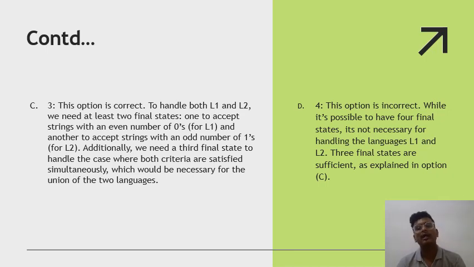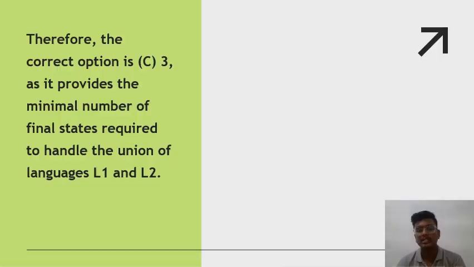While it's possible to have four final states, it's not necessary for handling the languages L1 and L2. Three final states are sufficient as explained in option C. So the correct option is C, 3, as it provides the minimal number of final states required to handle the union of languages L1 and L2.